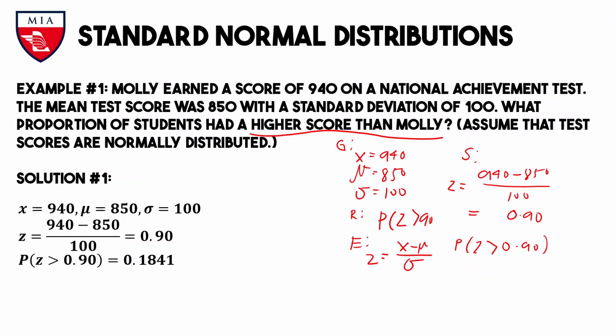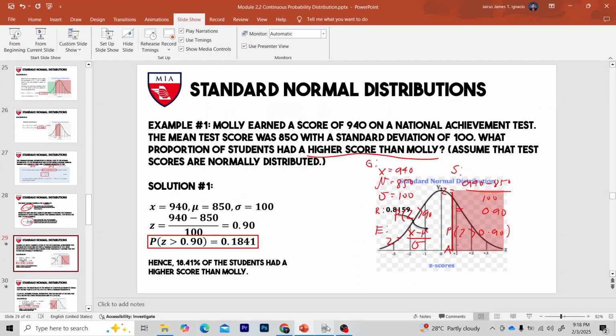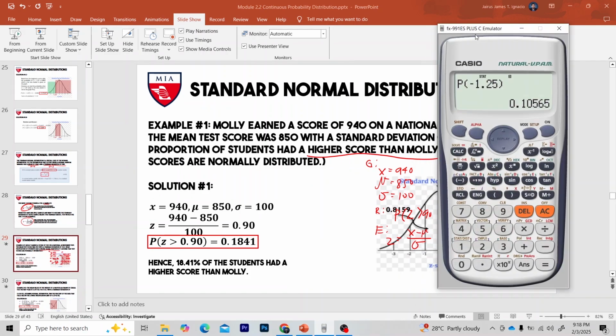So how can we get this answer? We will use the calculator. We don't need the table, we just use the calculator. The calculator says here that the value of z is greater than, therefore, what do we need to do?